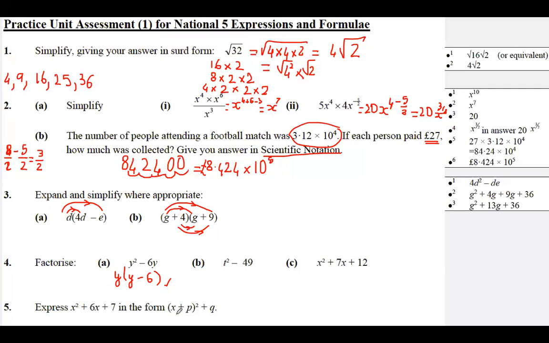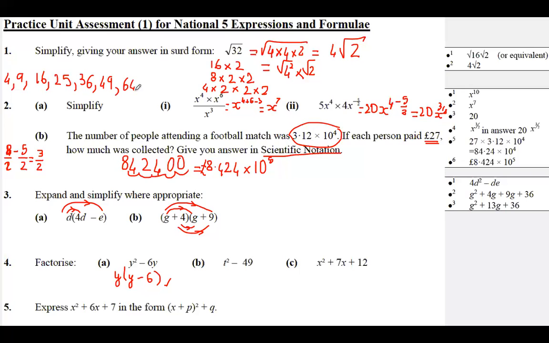The next one, remember when I said write down a list of the common squares? So 6 times 6 was 36. What's 7 times 7? 49. So I would argue that maybe you should just keep going with that. 49 and then 64. Put it on the side of your paper. Just write them all.